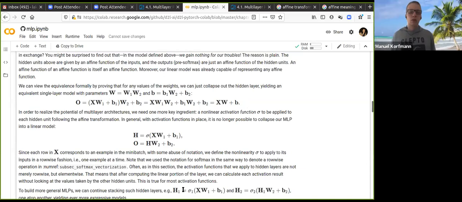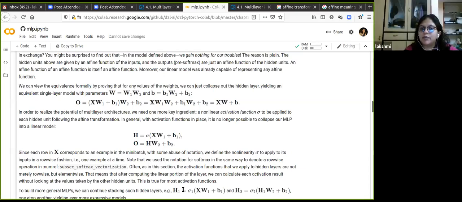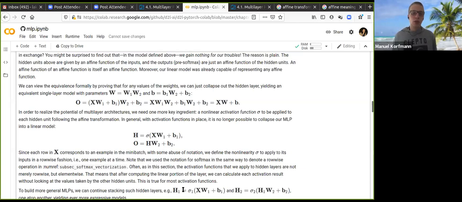In order to realize the potential of multi-layer architectures, we need one more key ingredient, a non-linear activation function sigma to be applied to each hidden unit following the affine transformation.